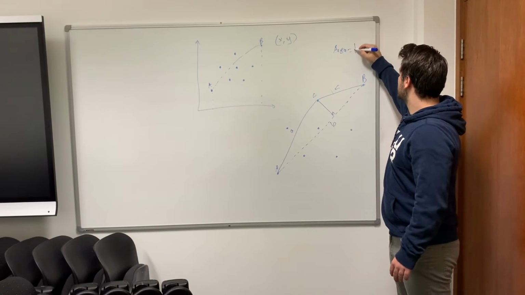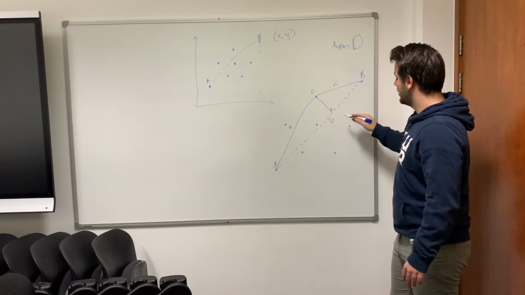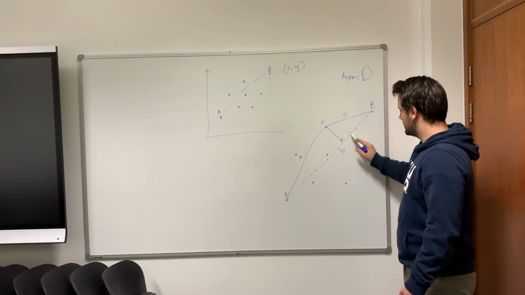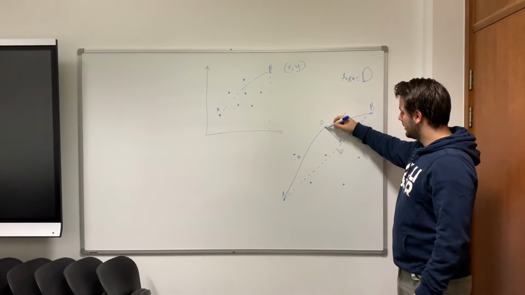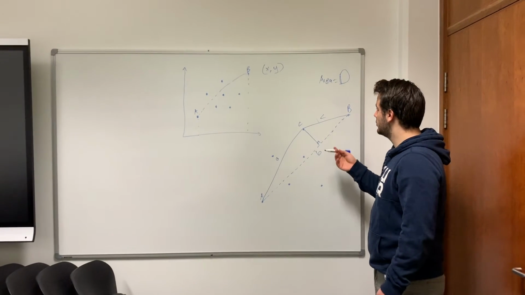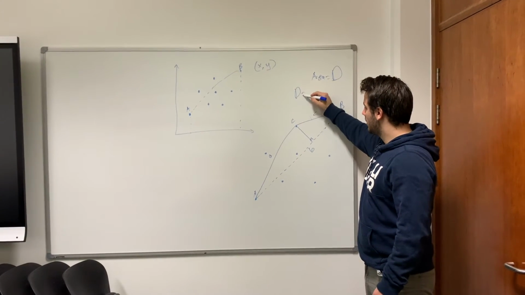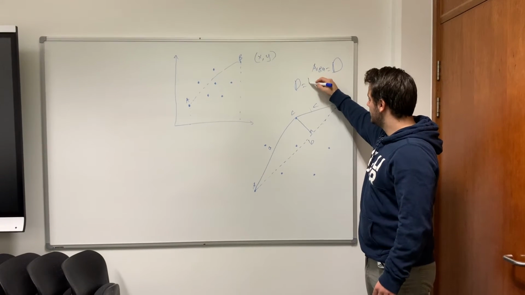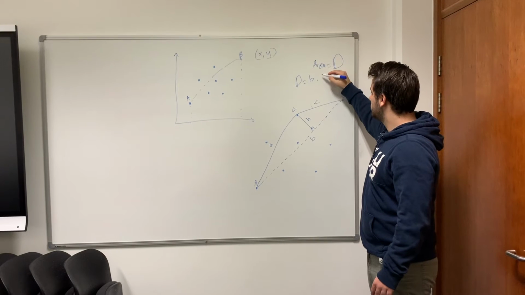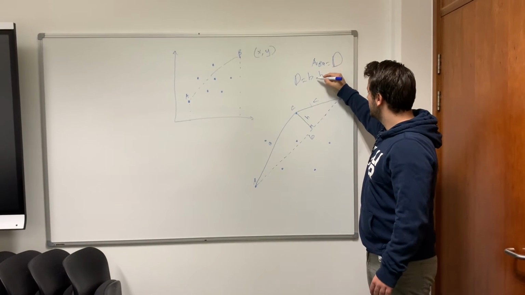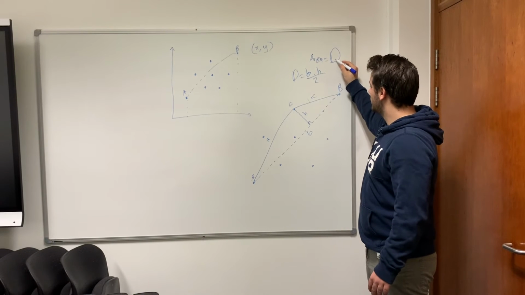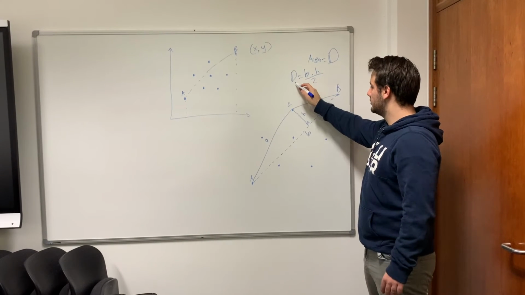let's say D. So what we also know is this distance multiplied by this distance divided by 2 equals area D. So what we know here is B, this is the height, multiplied by height over 2 equals D, the actual area.